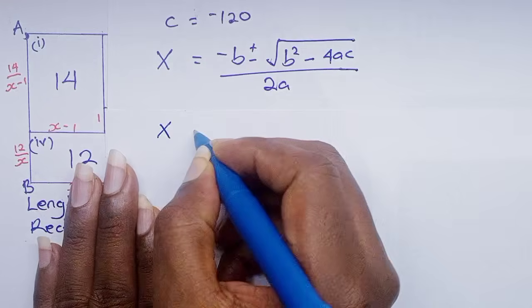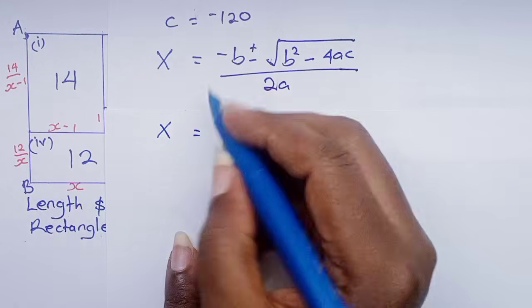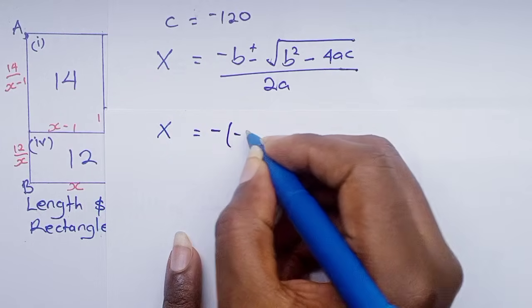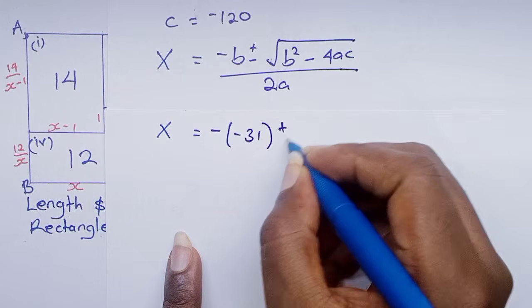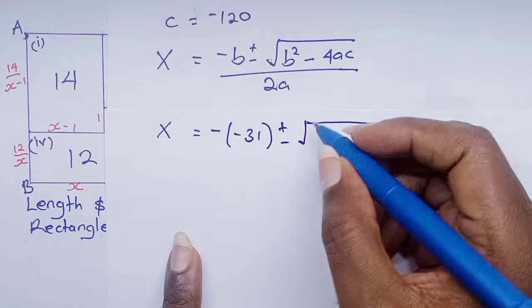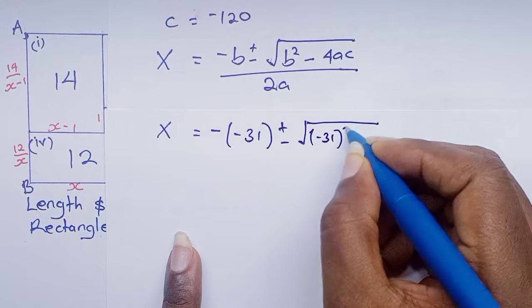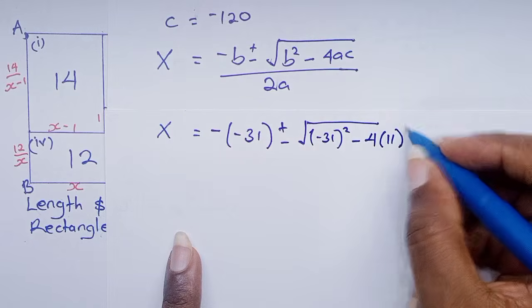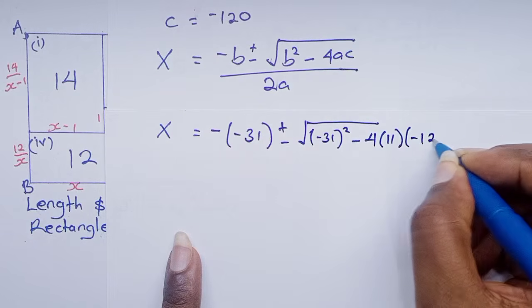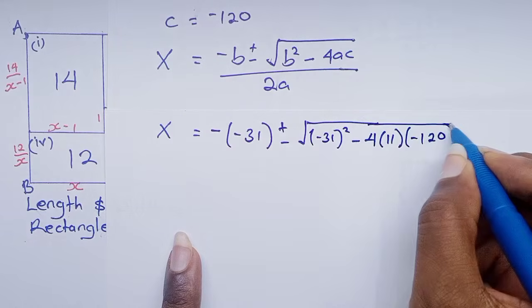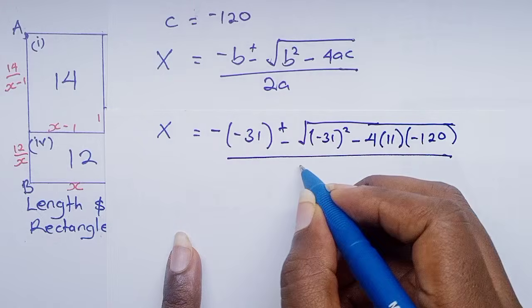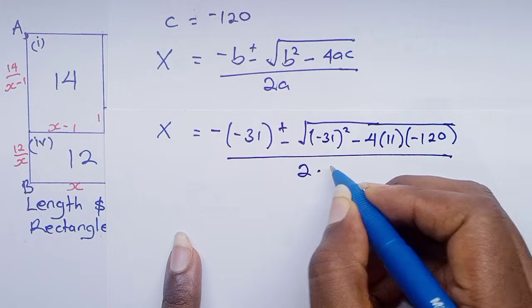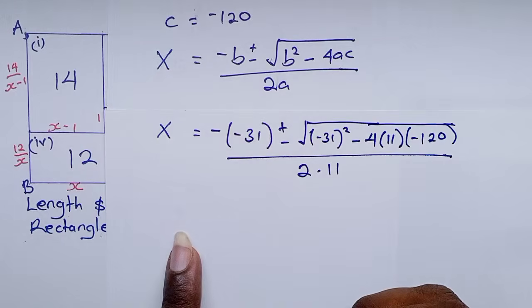So x equals minus, our b is negative 31, plus or minus root of negative 31 squared minus 4 times 11 times negative 120, over 2 times a, which is 11.